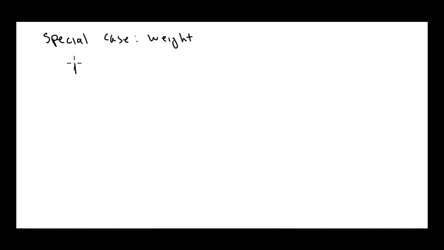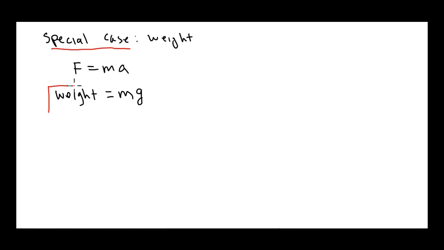So if I look at our equation F equals ma, weight is a force. And the weight of an object is equal to the mass of the object times A. Well, what's A in gravity? A is the acceleration due to gravity, g. So this is our special case of F equals ma.